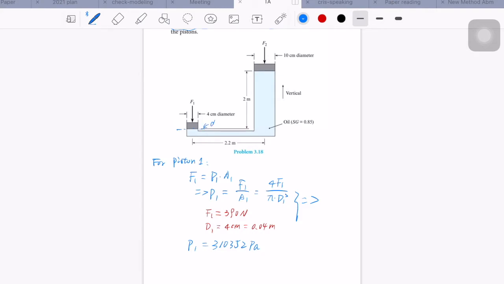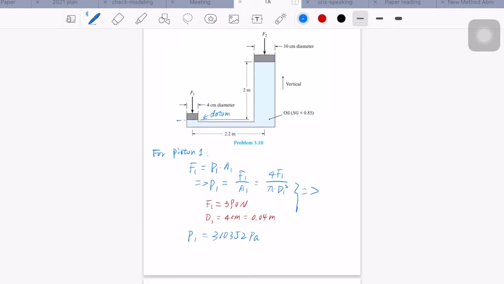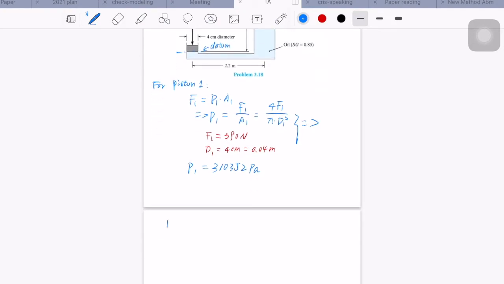And then we will apply the hydrostatic equation, and we assume this surface is datum. And we have that P1 plus gamma oil times Z1 equals P2 plus gamma oil times Z2.